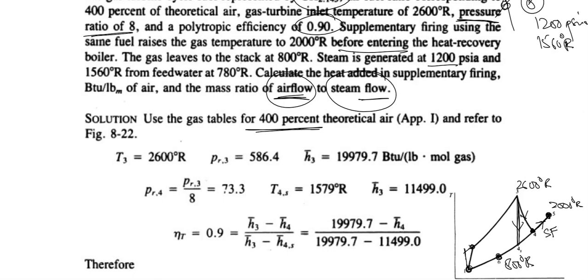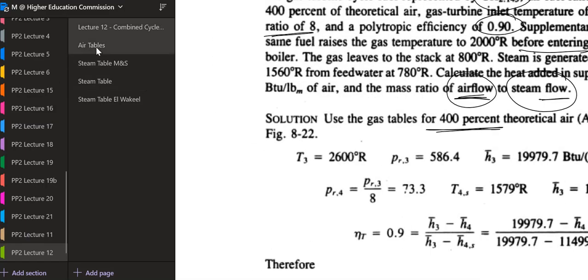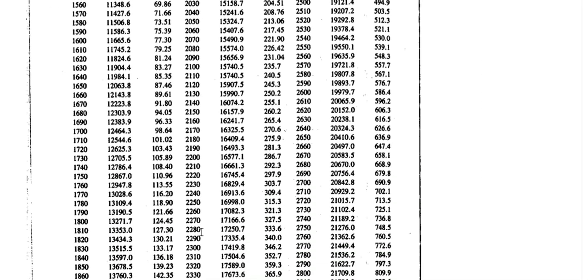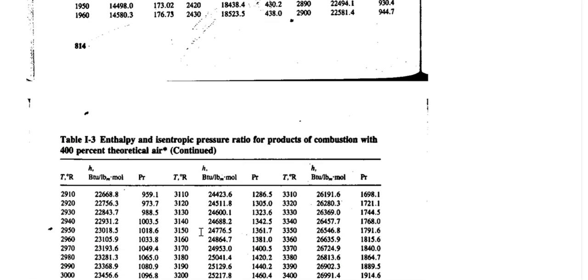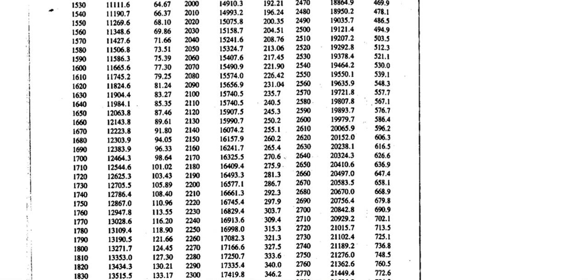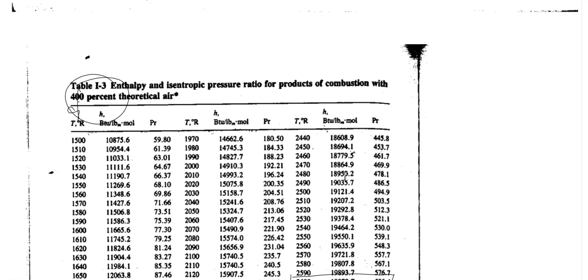At 2600 degrees Rankine, which is state 3, the enthalpy given is 19979.7 BTU per pound mole, and the pressure ratio PR at that point is 586.4.